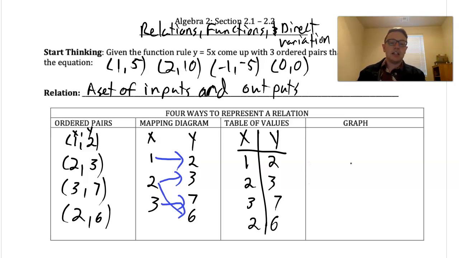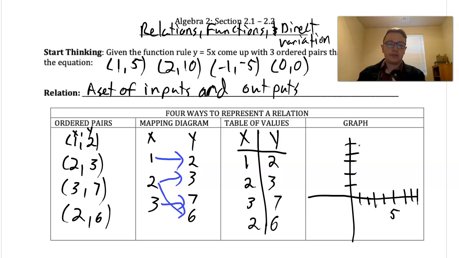And finally, we can also graph these. So we can make a little graph, go all the way out to where we need: 1, 2, 3, 4, 5, 6, 7. And we say, okay, for each of these, the horizontal is x, the vertical is our y.